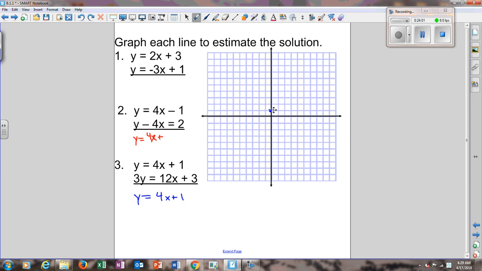Up 1, then from there you go up 4 over 1. And draw your line. That's it.